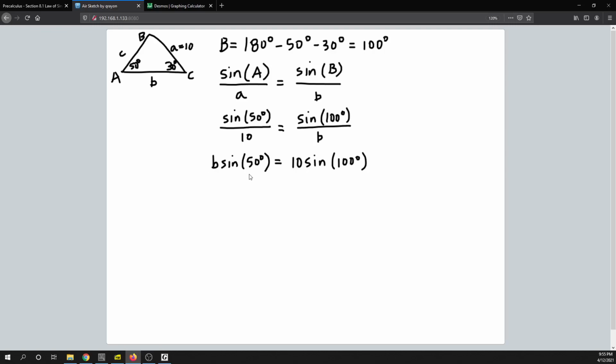And then now to solve for b, we would just divide both sides by sine 50. All right, so b is going to come out to be 10 times the sine of 100 degrees over the sine of 50 degrees.